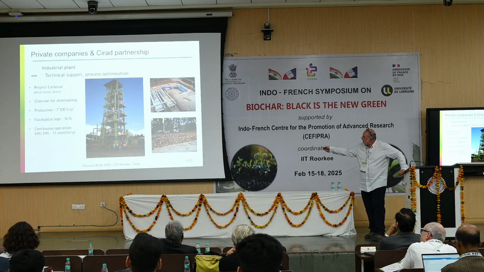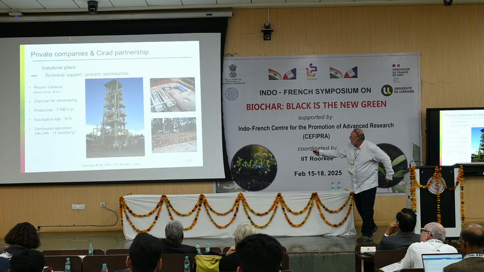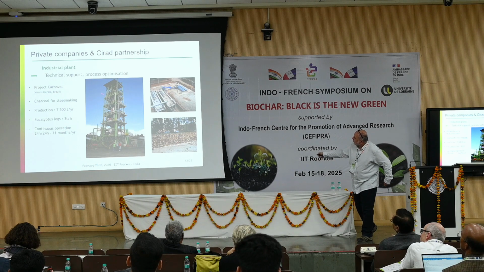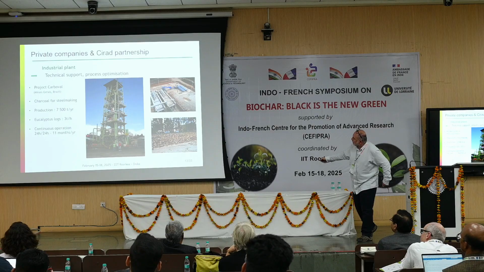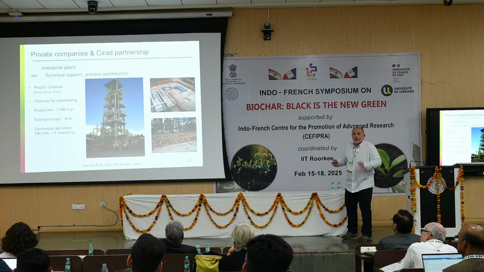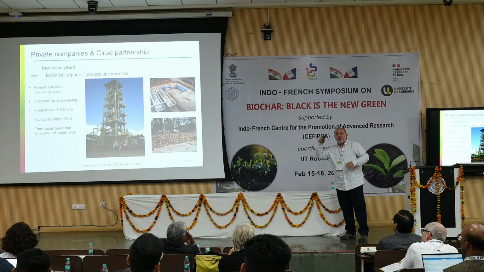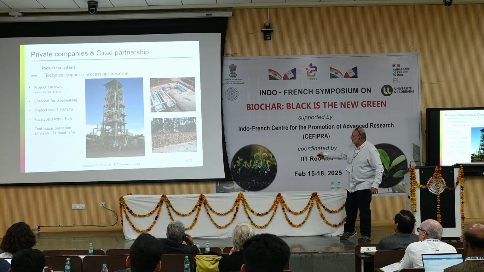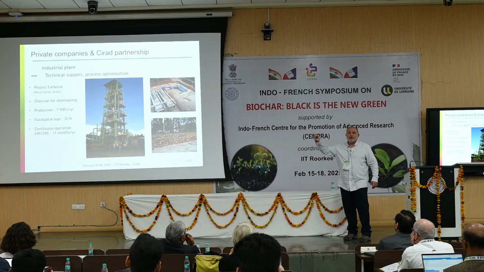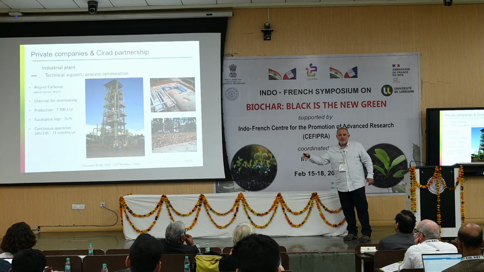Here you have the plant, a vertical plant, and we have in the top the wood, which is continuously full of wood, and you have pyrolysis in the middle part, and a cooling charcoal at the bottom here. After that the co-product gas is used, a part is burned in order to maintain the temperature inside the furnace, and the other part is in the combustion chamber for electricity production and heat, and the heat is used for drying.